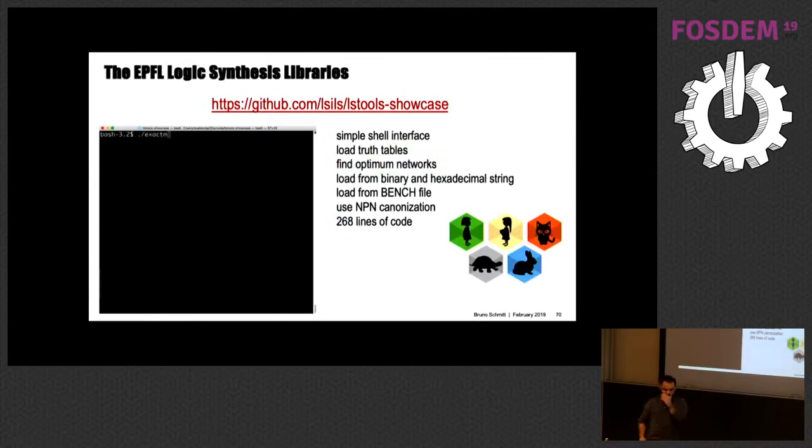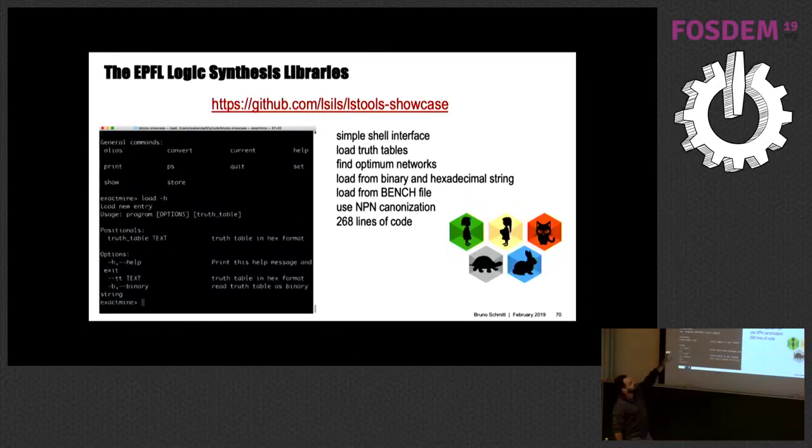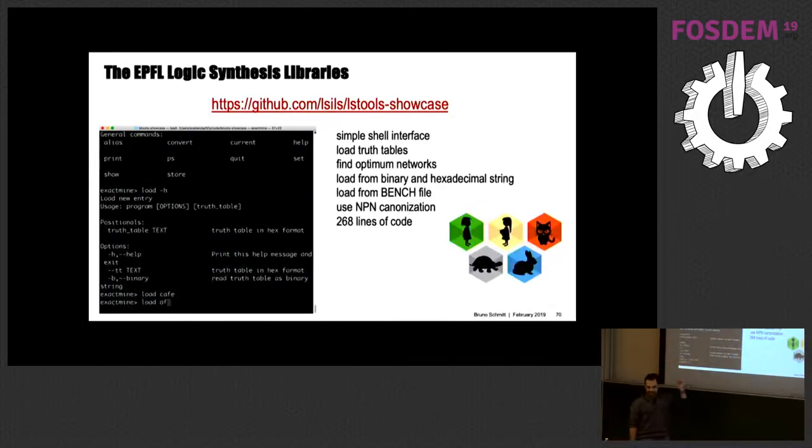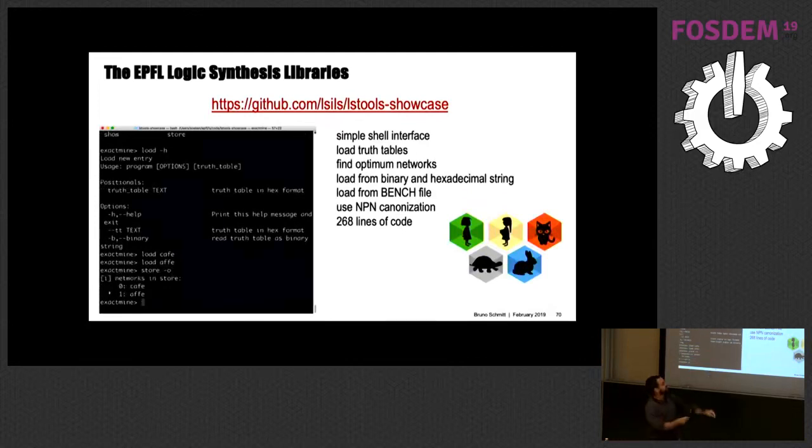So here we have some other example that also uses Alice, and for most showcases and examples you can look at the GitHub repository. Basically, this example provides a simple shell interface using the Alice library.